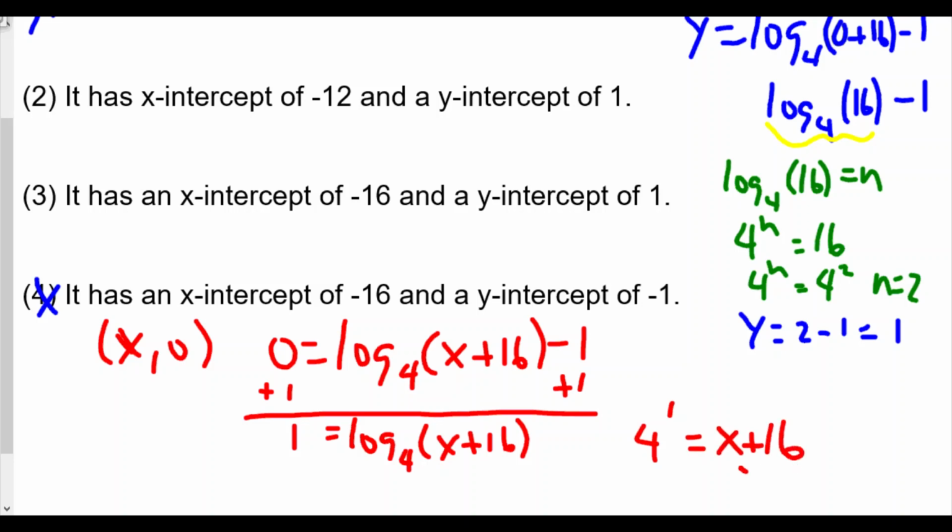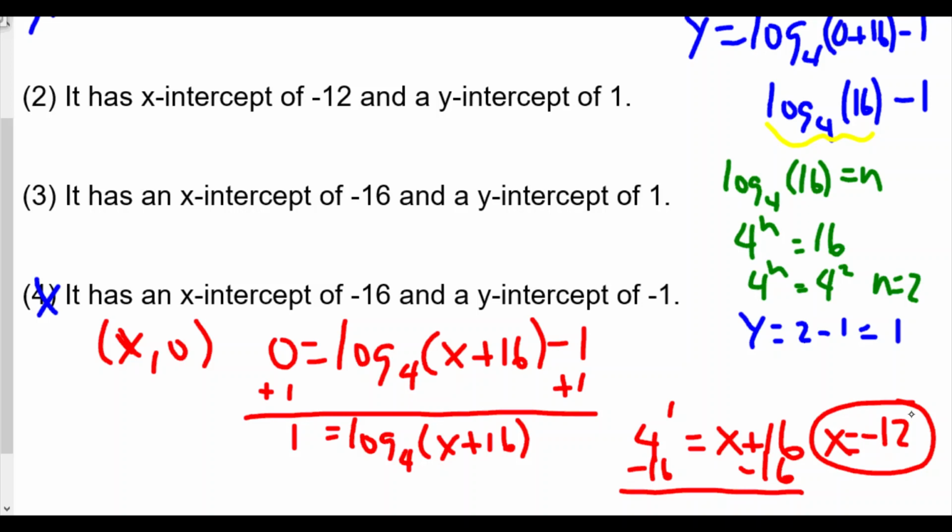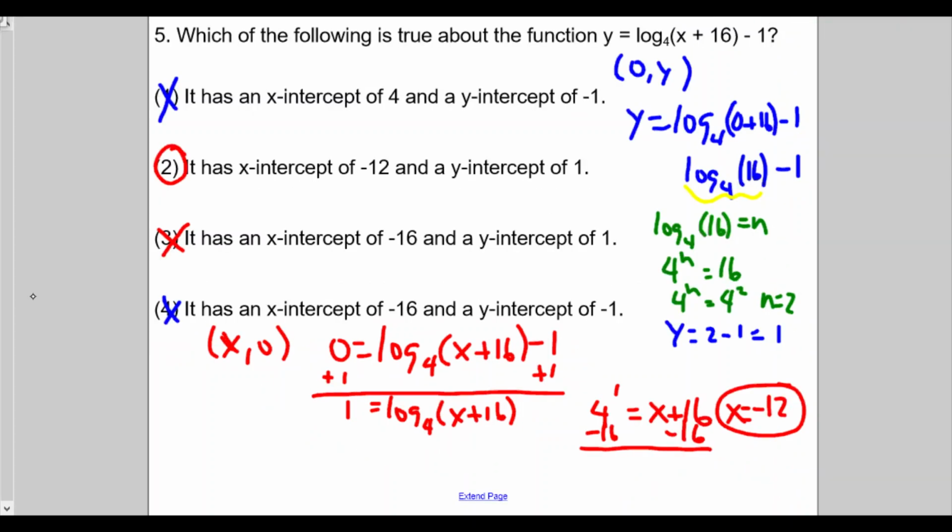Well, to solve for x, we subtract 16 on both sides, giving us a value of x equal to 4 minus 16, which is negative 12. So our x-intercept is going to be negative 12. That means not choice 3, but choice 2. So our x-intercept is negative 12, with a y-intercept of positive 1.